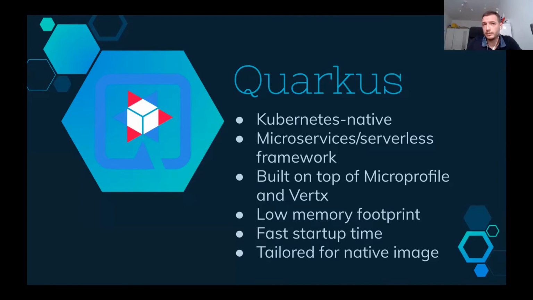But Quarkus, what is important, is tailored for running with GraalVM native images, and it is optimized for low memory footprint and fast startup time. Those are typical characteristics required by microservices and even more by serverless applications.